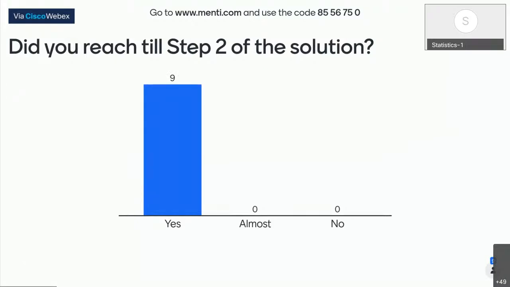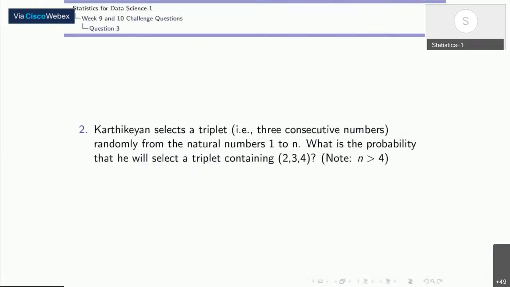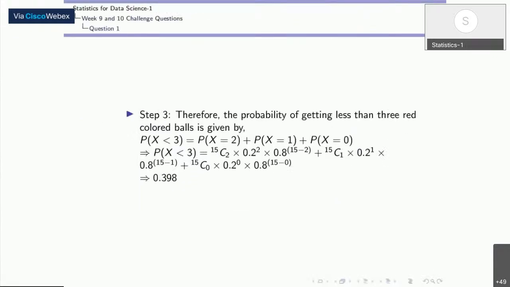So we'll move to step 3. It's just an addition of the probability of x equals 2, plus the probability of x equals 1, and the probability of x equals 0, because we need to find the probability that x is less than 3, that is, the number of red colored balls Pratik will receive is less than the expected value.